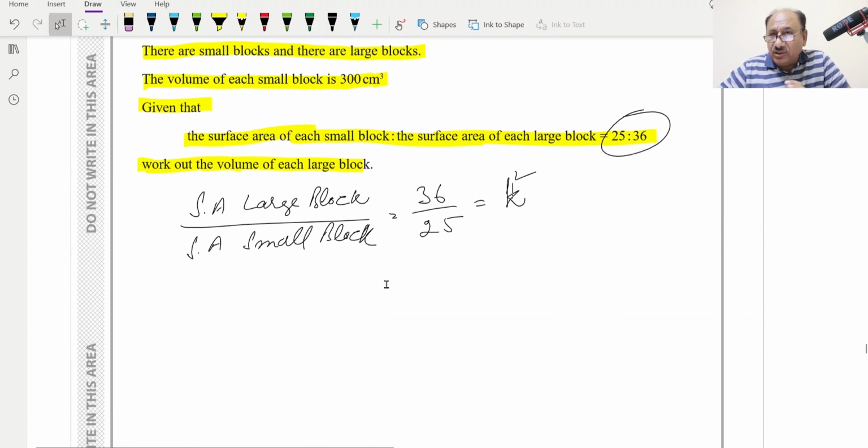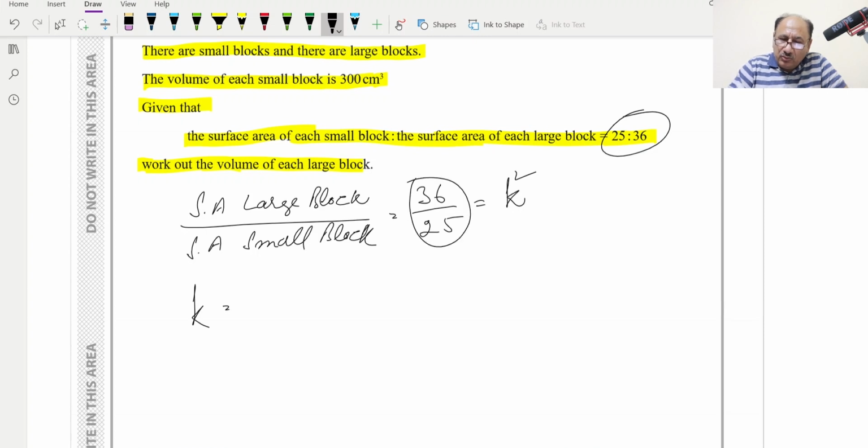For area we take k squared, for length we take k, and for volume we take k cubed. Keep in mind, k squared is this value, so k will be the square root of 36 over 25, which will be equal to 6 over 5.